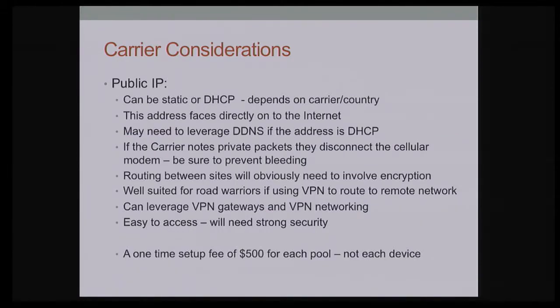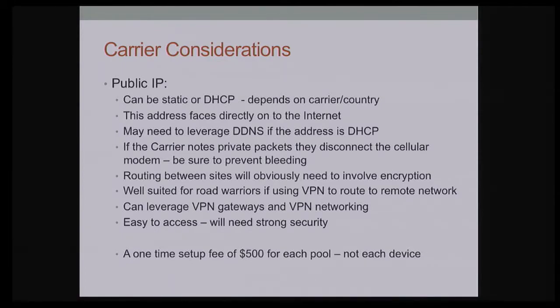Public IP plan is great if you need to have a device sit out on the internet. It's going to be either static IP or it's going to be DHCP. If you do DHCP, you can use DNS services to let you know if the IP address has changed. You may want to think about VPN technologies and we'll talk a little bit about security in a little bit here, but you can leverage VPN technology on that device since it sits directly on the internet.